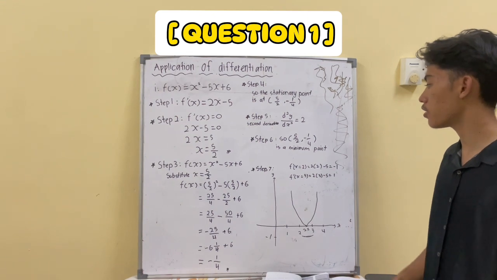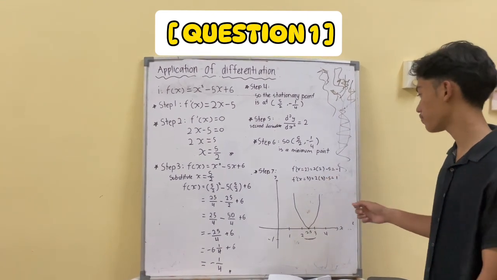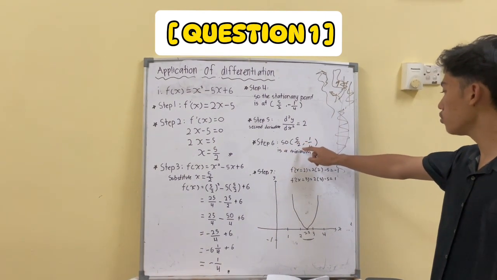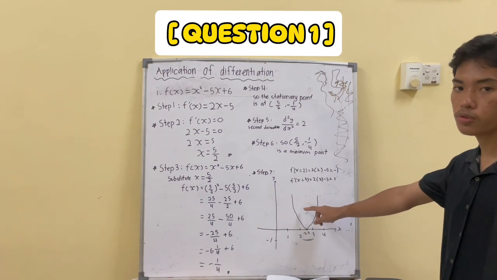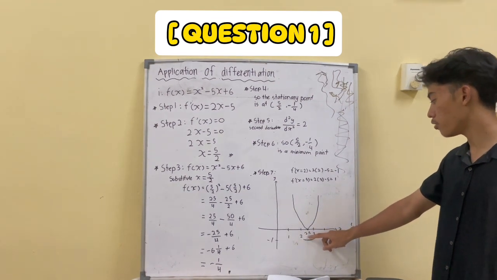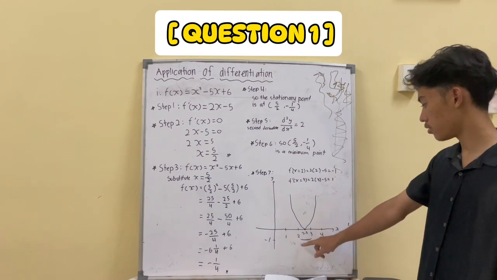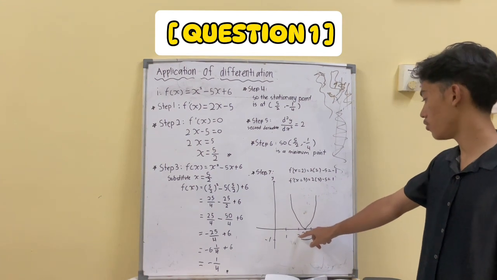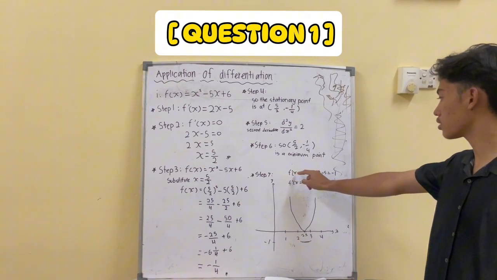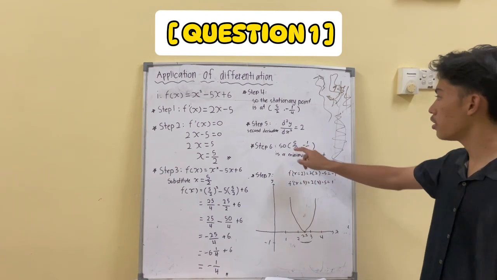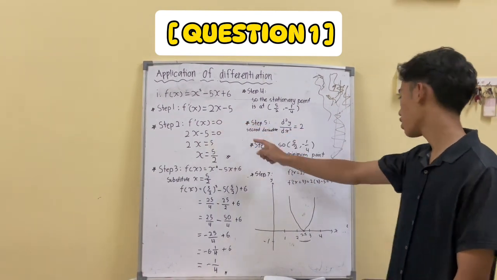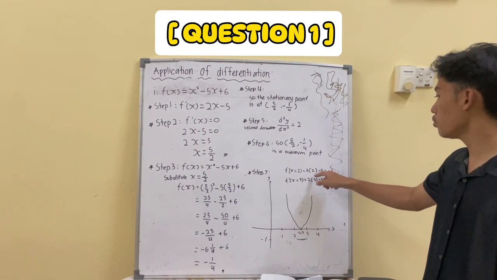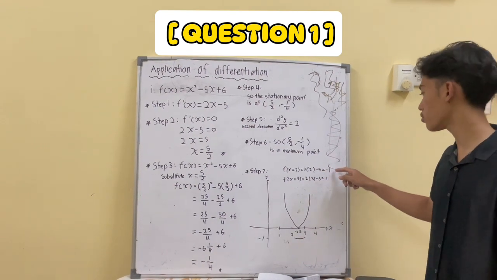So step 7, we have to sketch the graph. So we take from step 6, 5 over 2, we convert to a decimal number, we get 2.5. So because of this, we take 2 and 3. Firstly, we use 2, f'(x) equals 2 in bracket 2 minus 5, we get minus 1.